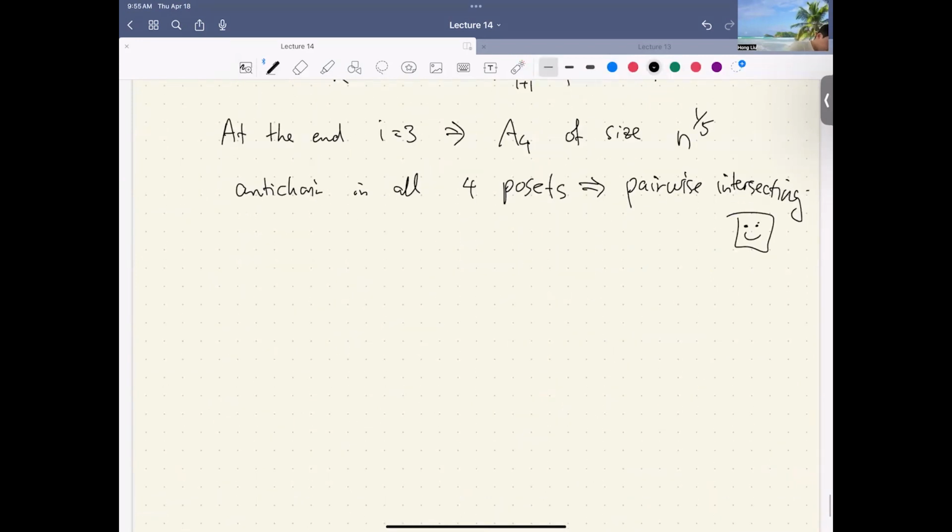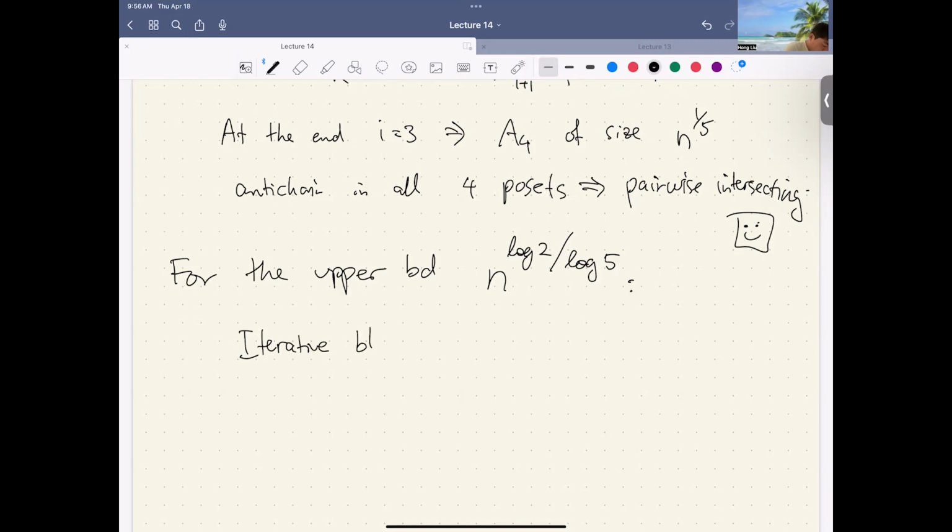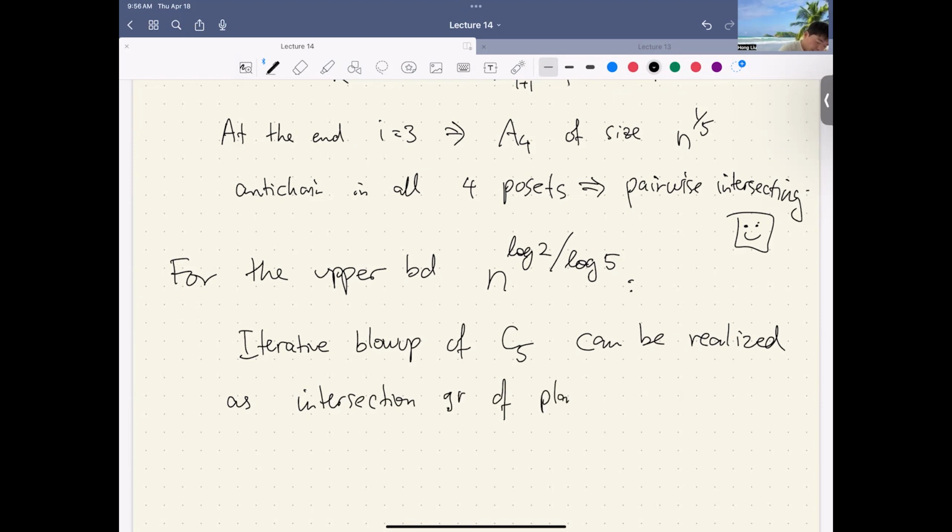So for the lower bound, for the upper bound, n to the log 2 over log 5: the iterative blow up of C5 can be realized as an intersection graph of planar convex sets.